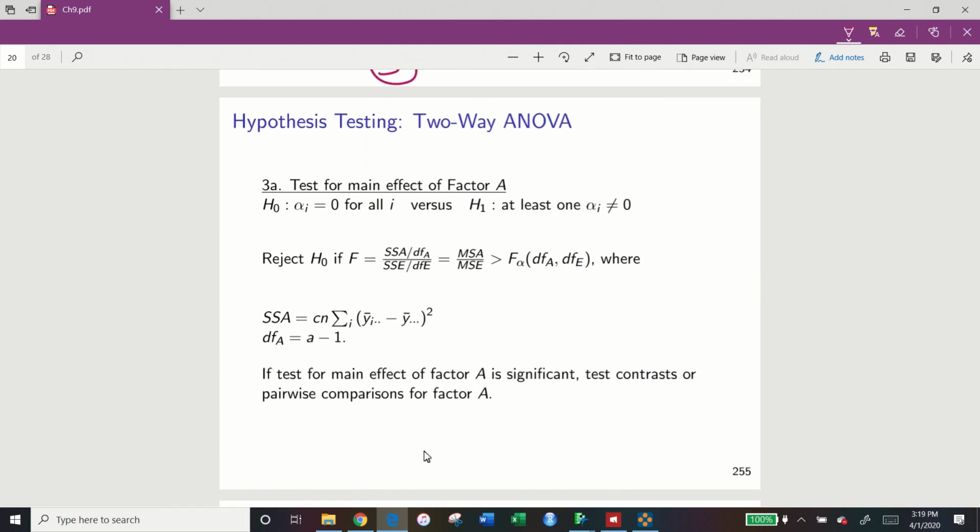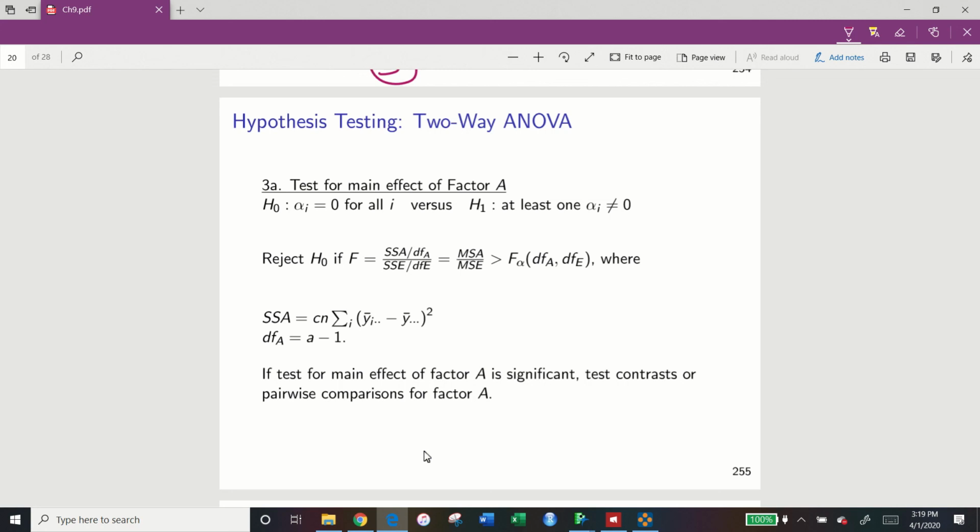So part 3A is testing for our main effect of factor A, because we'll test factor A and factor C. Our null hypothesis for factor A would be alpha_i equals 0 for all i versus the alternative where at least one alpha_i does not equal 0.